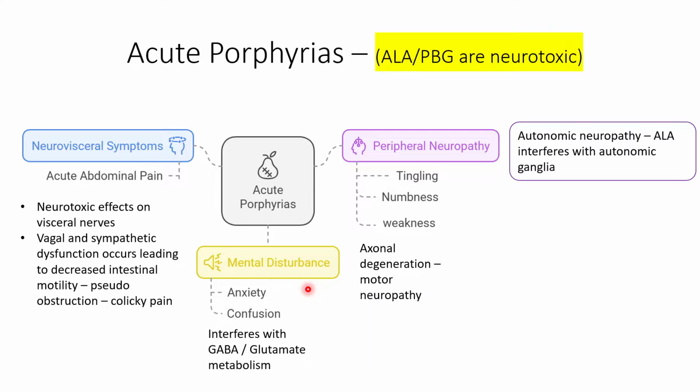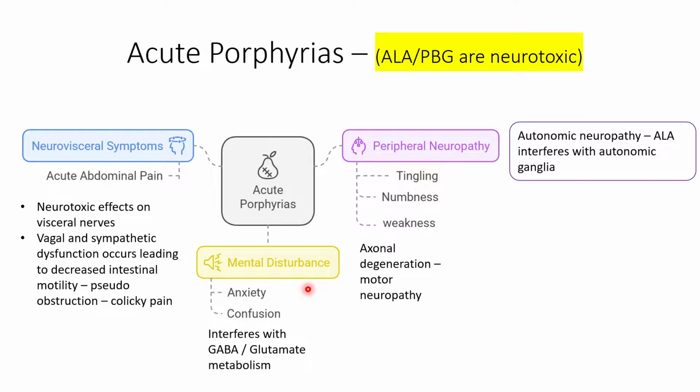This occurs because porphyrias interfere with the excitatory as well as the inhibitory neurotransmitters, that is glutamate and GABA. So there is an imbalance of these excitatory and inhibitory neurotransmitters, which results in all these psychiatric manifestations.